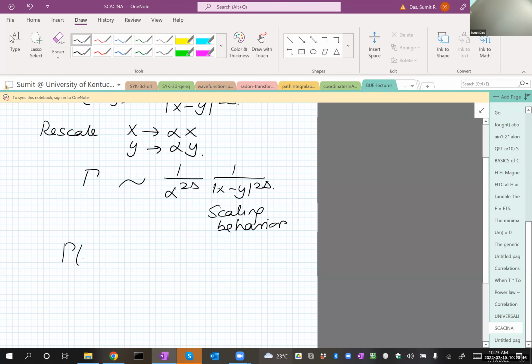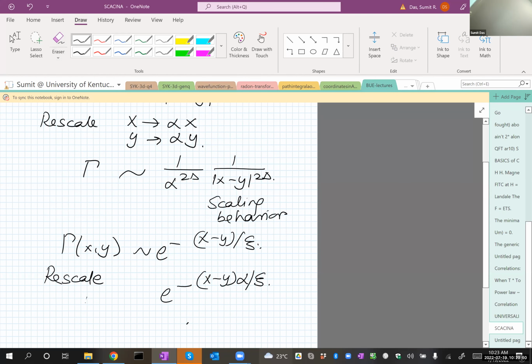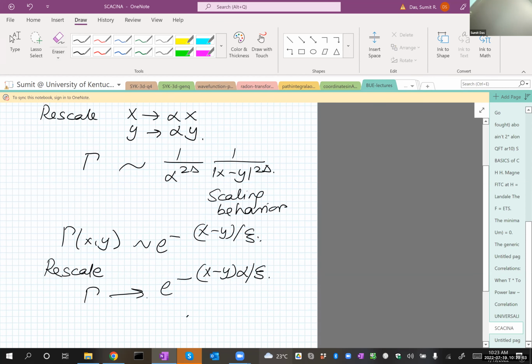On the other hand, if this went as an exponential of, say, x minus y by xi, as I have defined, and if I do this rescaling, I get that the correlation function is not just some number multiplied by what you had, because it's a very non-trivial function.